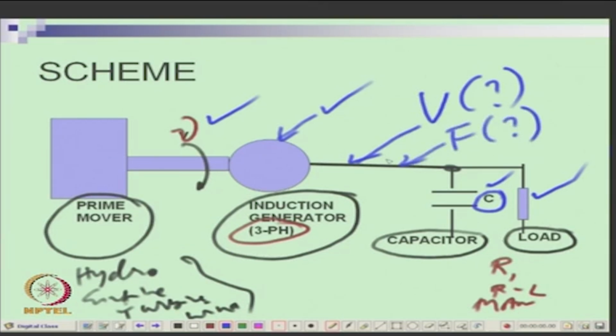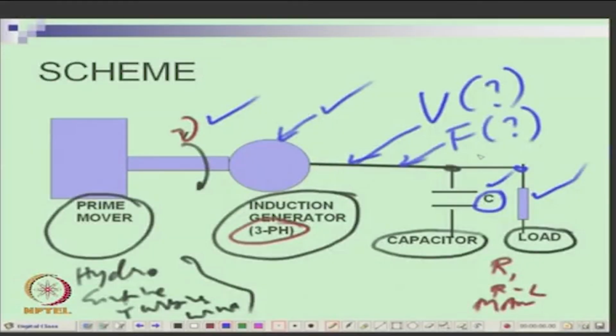This is the problem. You are driving from a prime mover, you have a machine which was a dead machine, you connect a capacitor, start driving it, connect a load, I want to know what is the voltage across this load, what is the frequency of the load, etc. This is the problem.